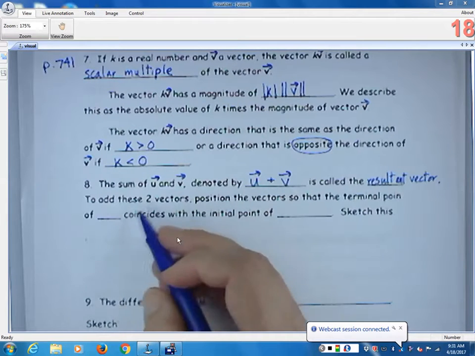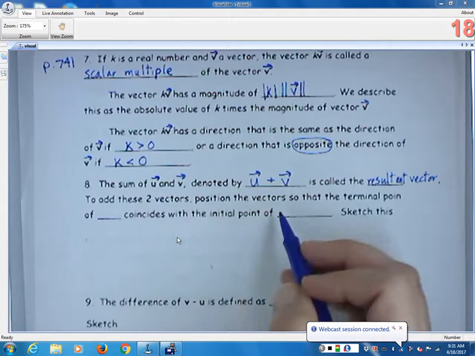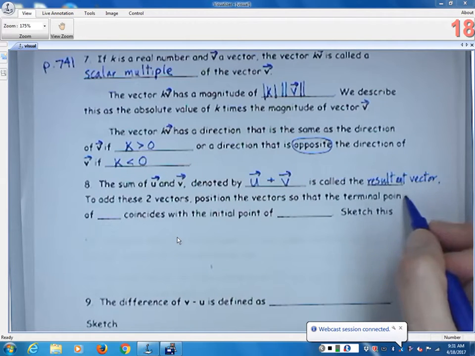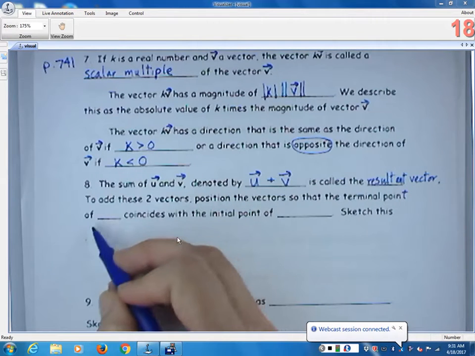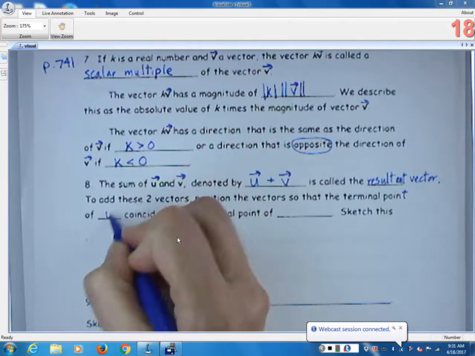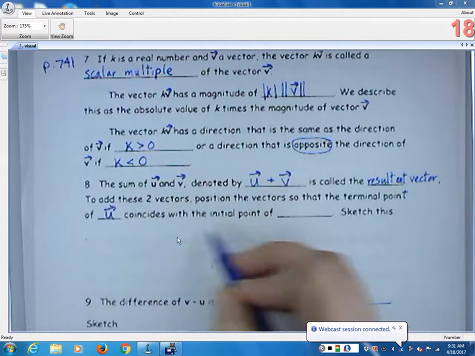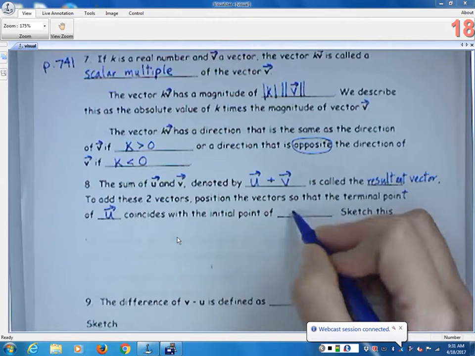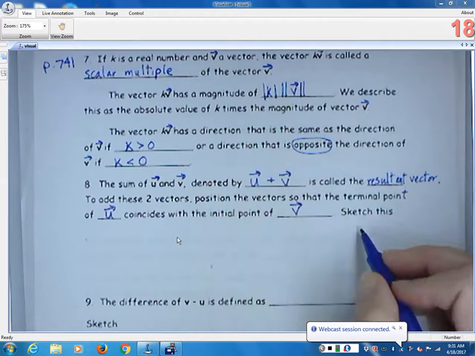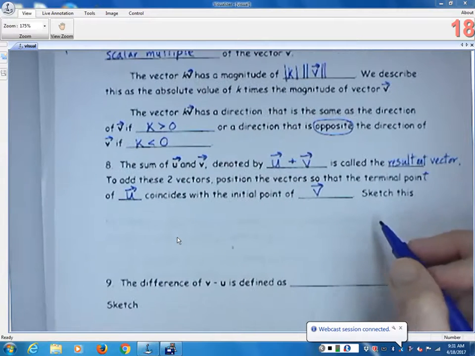To add these two vectors, position the vector so that the terminal point of u coincides with the initial point of v. Sketch this. So I'm going to show you this.